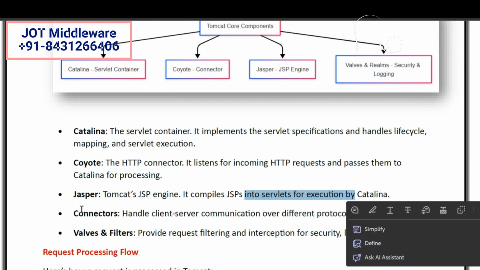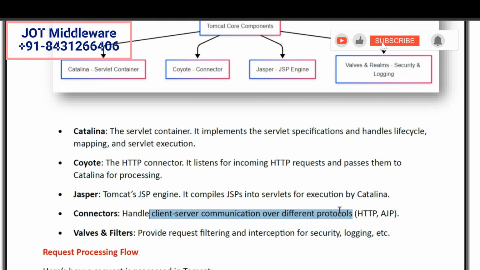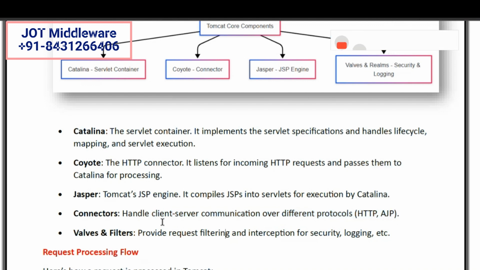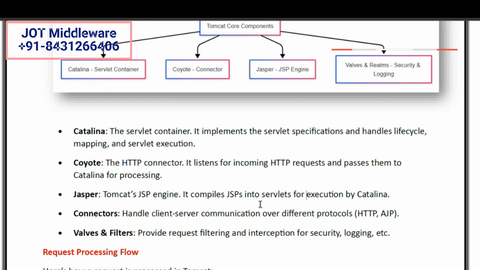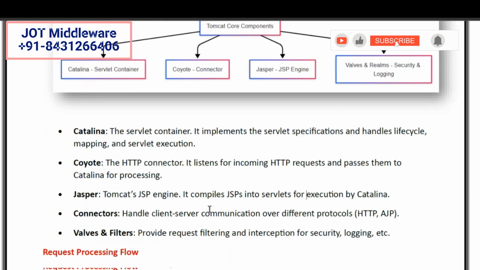Now, connectors. They handle client-server communication over different protocols. So we'll discuss AJP, Apache JServ Protocol. This is used if you have a reverse proxy or an HTTP server in the front end that is routing or proxying the request to your Tomcat service.